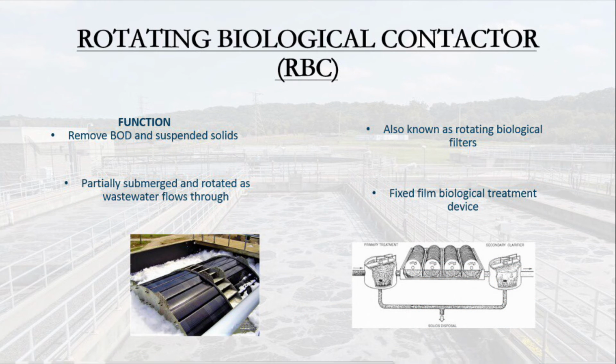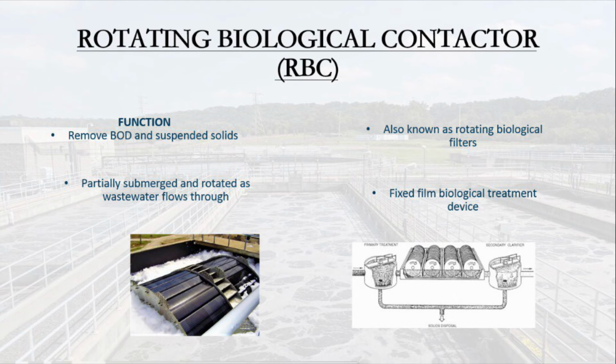Last process is rotating biological contactor. The function of this process is to remove biological oxygen demand and suspended solids. It is similar to what occurs in the trickling filter.